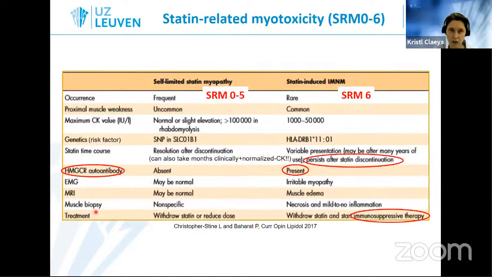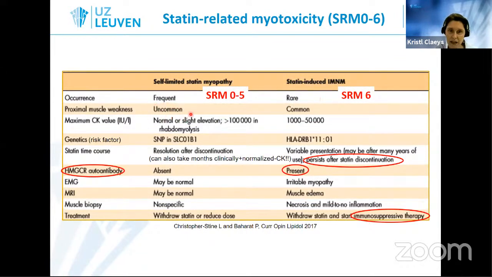And this is shown here. We have the self-limiting statin myopathy, SRM 0 to 5, and then the statin-induced necrotizing myopathy, SRM 6. The self-limiting forms are relatively frequent, whereas the statin-induced immune-mediated necrotizing myopathy is rare.